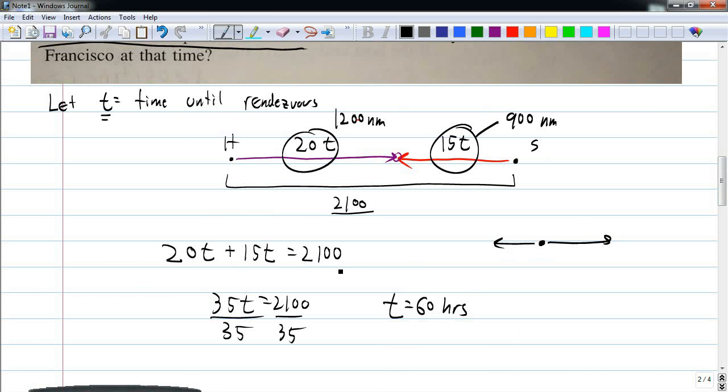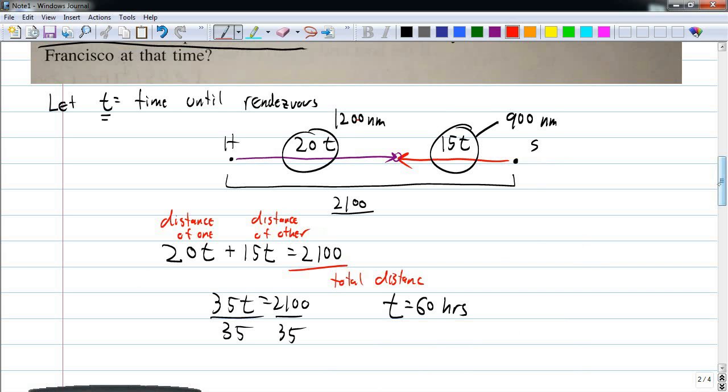You would use this same setup where it's the distance of one and the distance of the other. Add them up and you get some kind of a total distance. Okay?